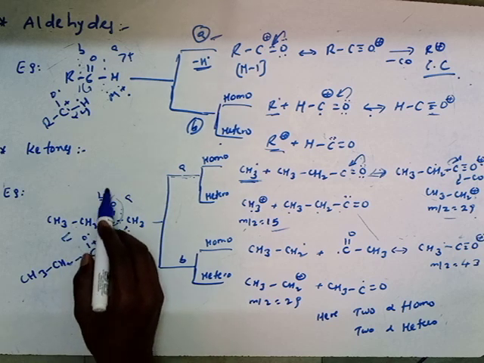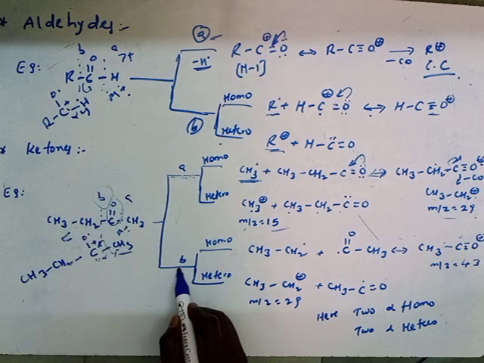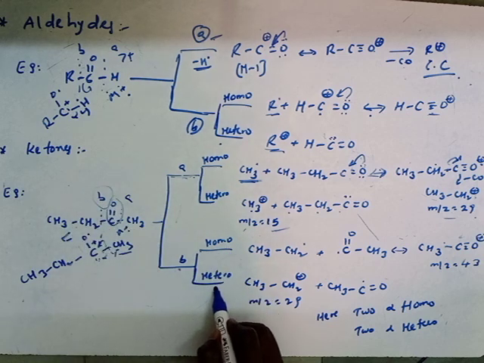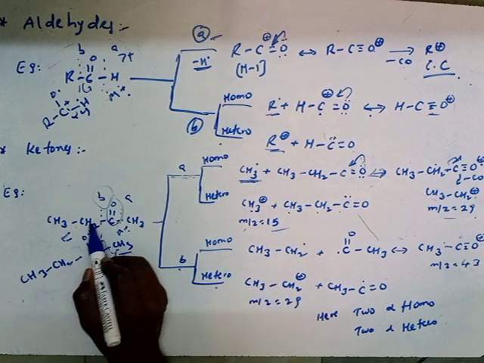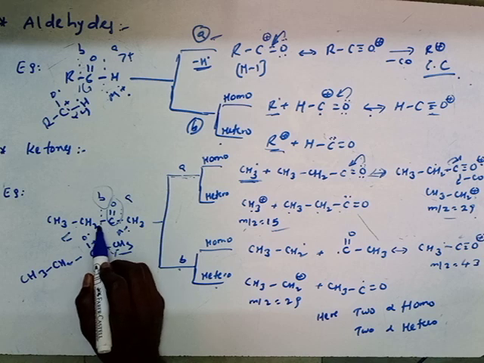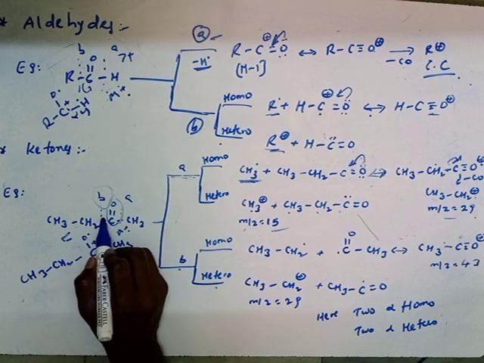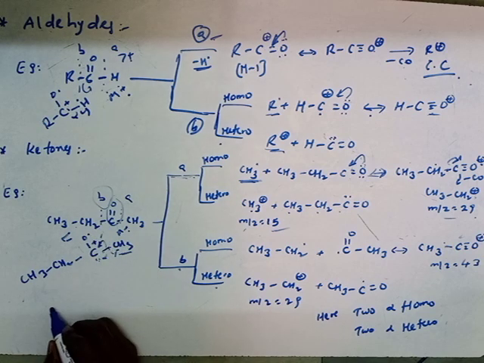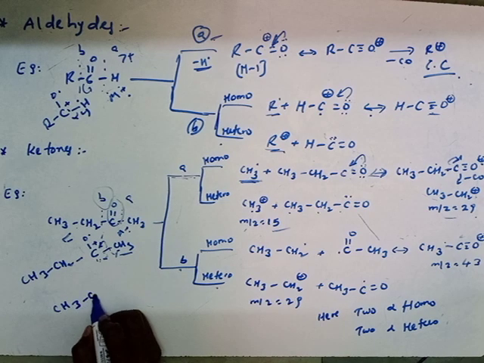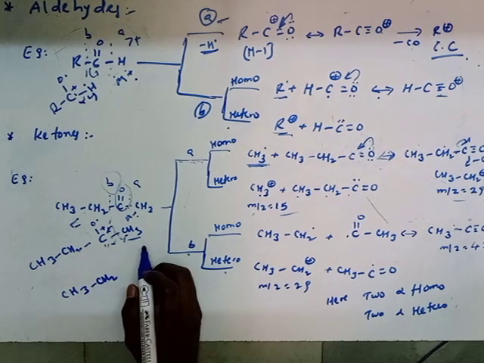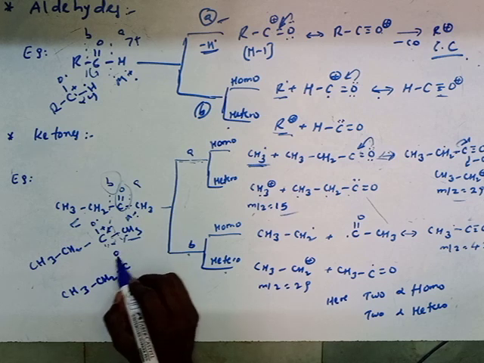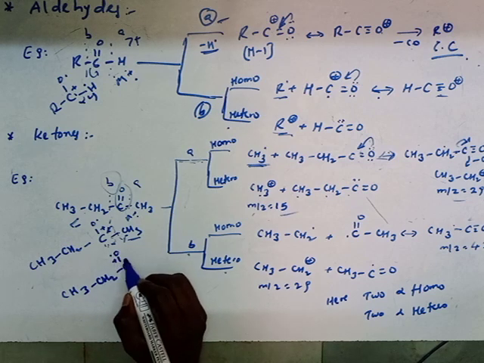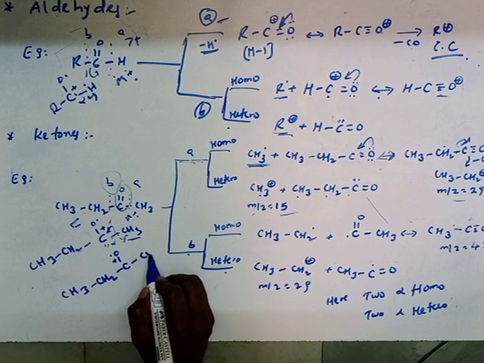Now we are going for B type cleavage. B type cleavage also undergoes homolytic and heterolytic cleavage. If you are taking homolytic cleavage, here CH3CH2 C with a positive charge, and here CH3, right?